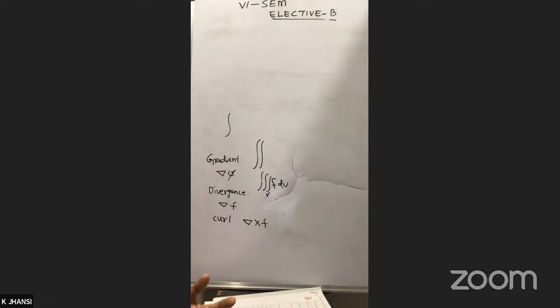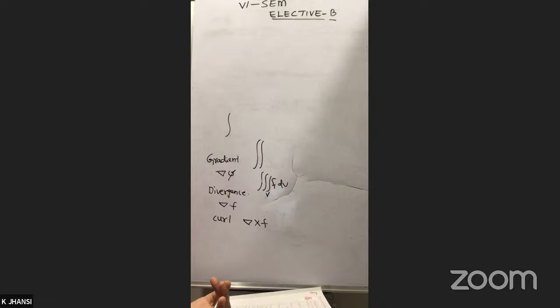Depending on this theorem, you will have problems. With the help of the given function, you have to prove Green's theorem. If it is asked for a 20 marks question, then the proof, the statement, and a problem will be there.